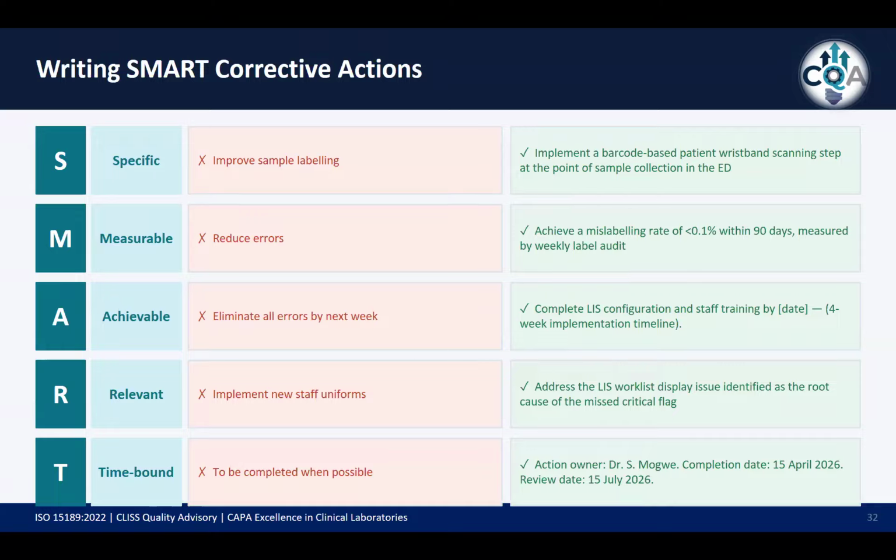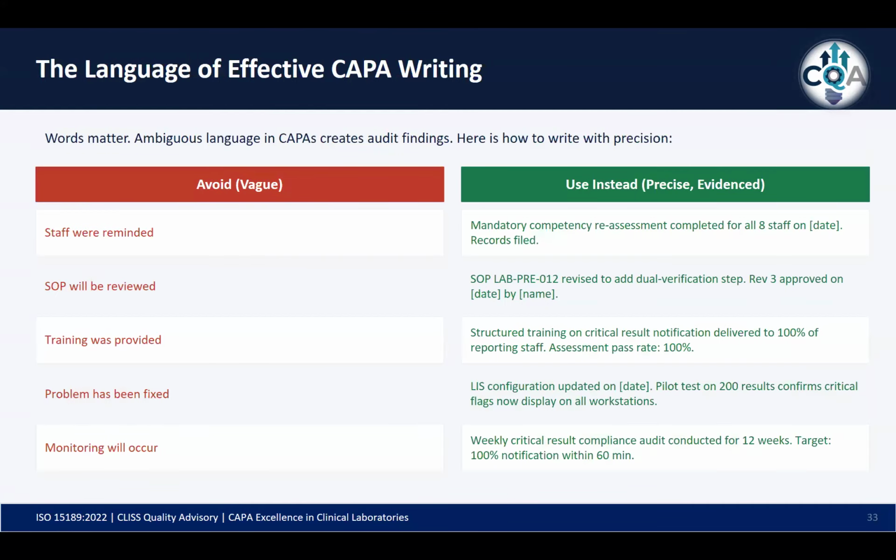"Address the LIS worklist display issue identified as a root cause of the missed critical flag." Okay. And then a bit on the language of NC management writing: avoid statements like "staff were reminded," "SOP will be reviewed," "training was provided," "problem has been fixed," but rather you need to be specific and precise and tell us statements that are evidence-based.